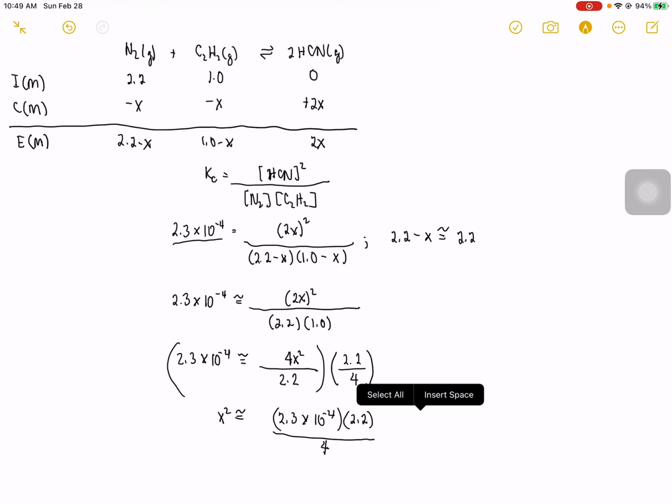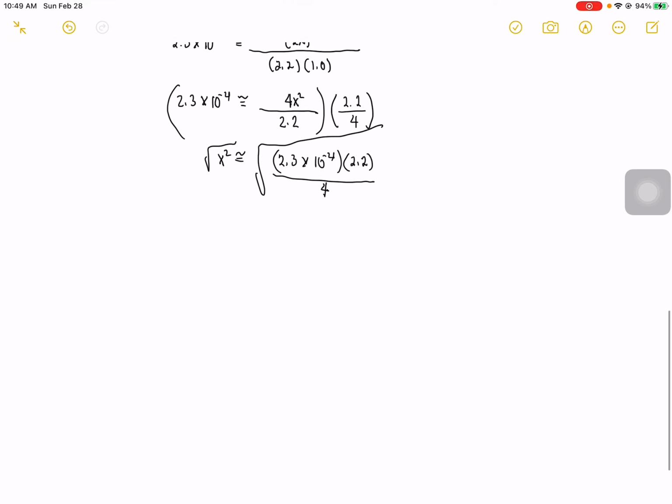And to be able to solve for x, we also have to get the square root of both sides. So that x, plugging this into the calculator, should be approximately equal to 0.0112.